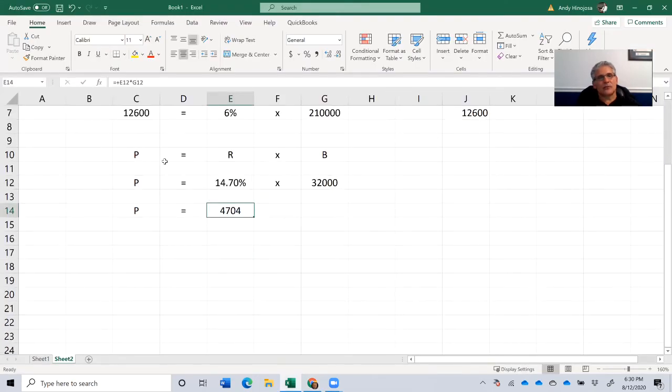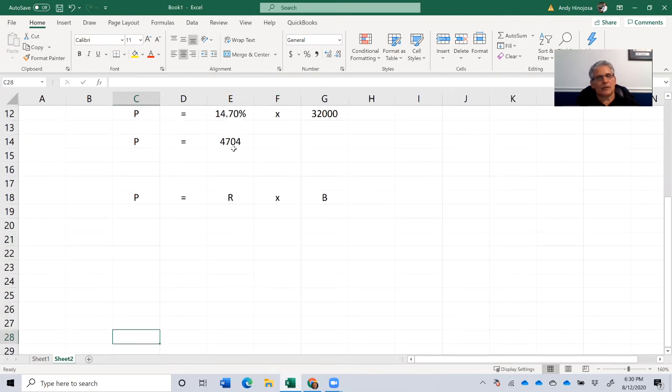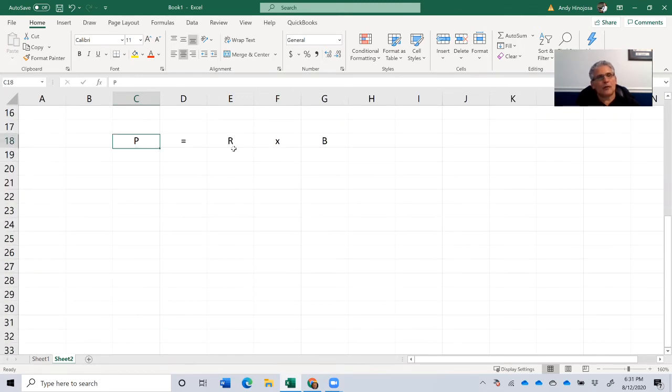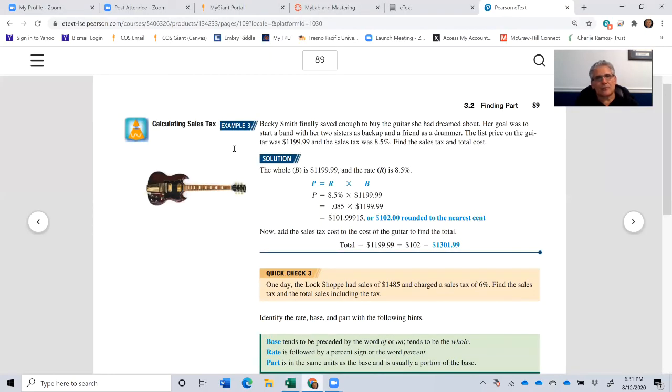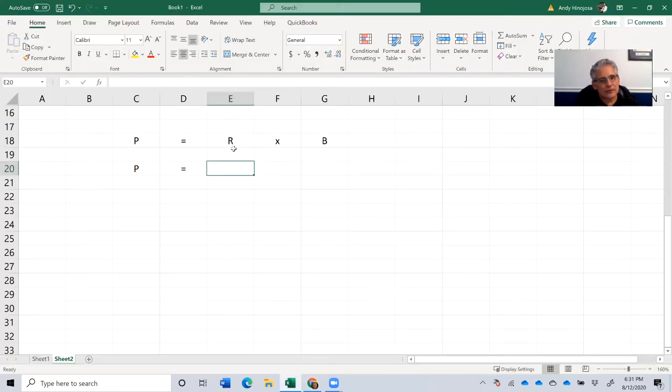All right, so let's go ahead and continue on with this. The part is going to be the actual sales tax amount. So we want to know what the part is, what is the sales tax amount we're going to be paying? The rate is going to be the sales tax rate, which is 8.5%. And we're going to multiply that by the base.